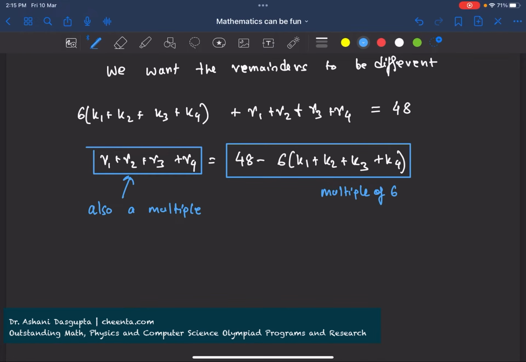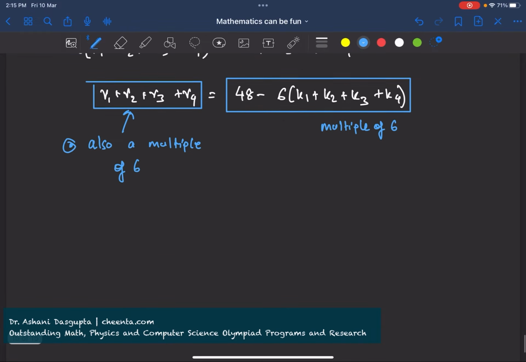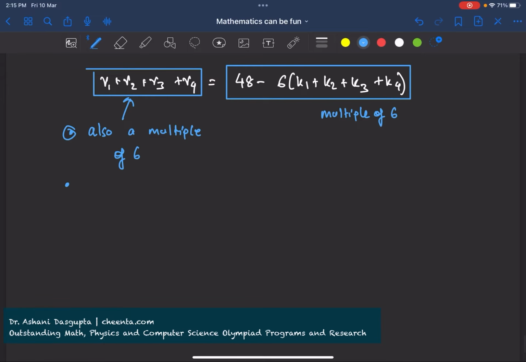It's not only a multiple of 6, we also know that it is less than 48. It's 48 or less. Why? Because the right hand side is 48 minus something. So the left hand side is also 48 minus something, which means it's 48 or less.